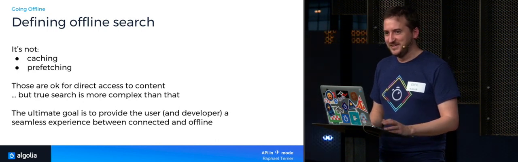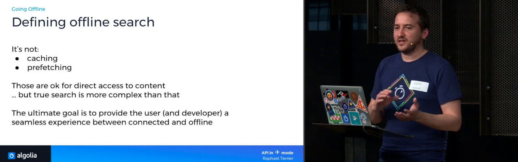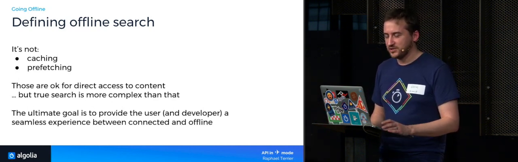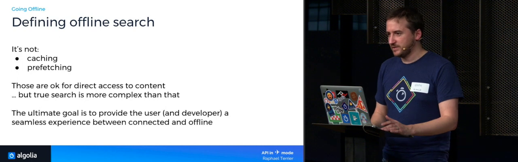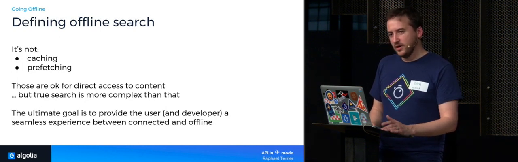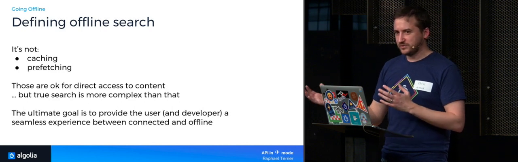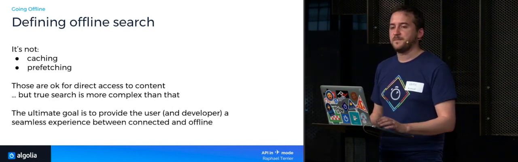Still the same goal in the end, but to do that, you cannot rely on the usual approaches for offline, like caching or prefetching. Caching means just keeping in memory previous content that has been consulted by the user, and prefetching means trying to guess what the user is going to want to search next.